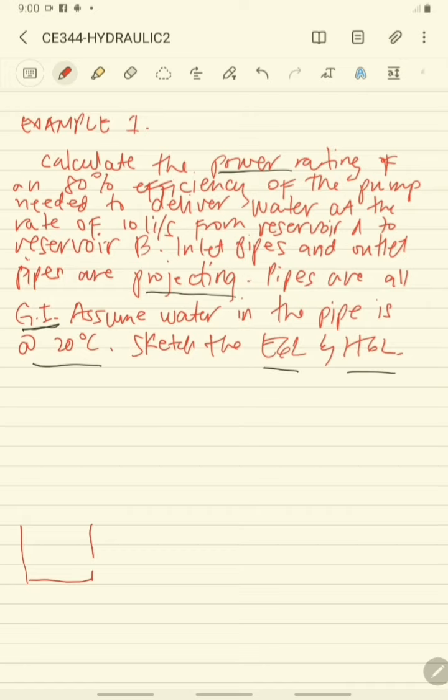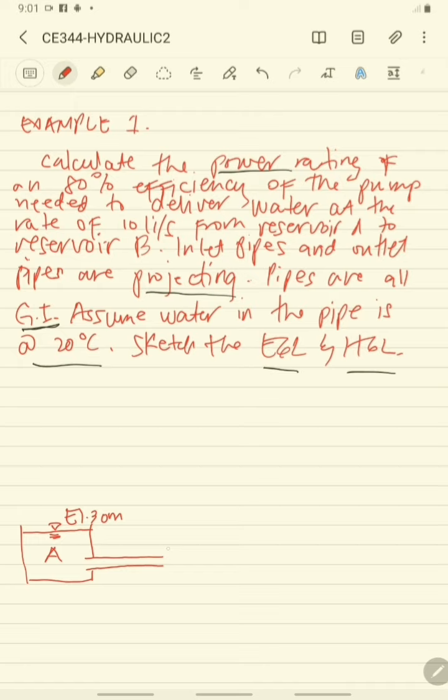This is very important information, because it affects the calculation of our head losses at the inlet pipe. So this will be the water surface of reservoir A. The elevation here is 30 meters.